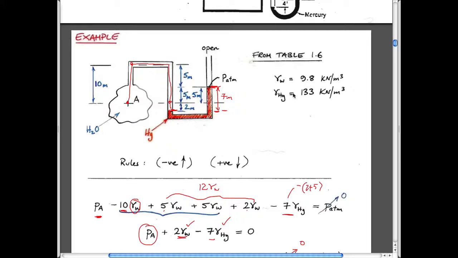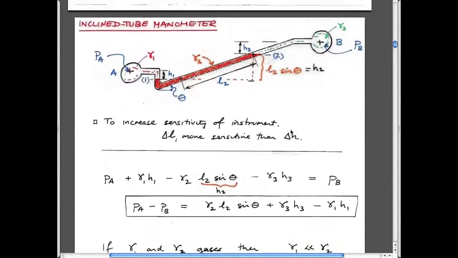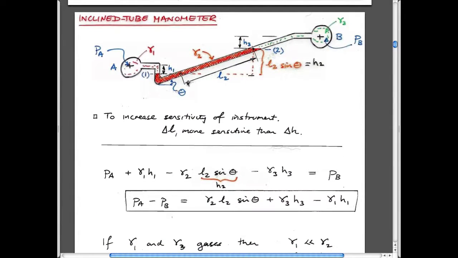The other thing is that if you want to get a really tight resolution on what the pressure difference is, instead of trying to measure in a refined way where the meniscus is, you could just cant over one of those tubes, as in an inclined tube manometer, and measure this length, which would be much more sensitive. You could measure this length at better resolution than the height difference, and then write the equation in terms of this length rather than this height.